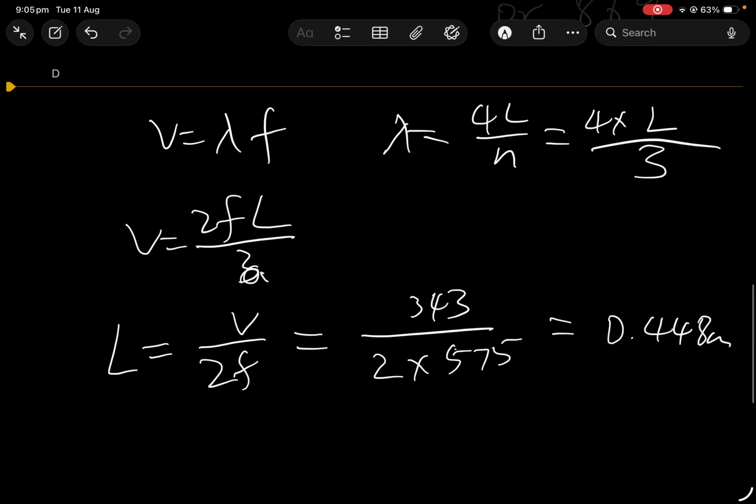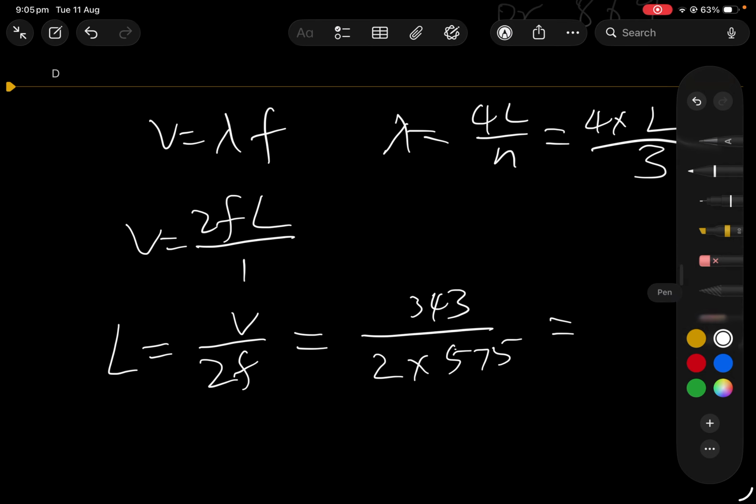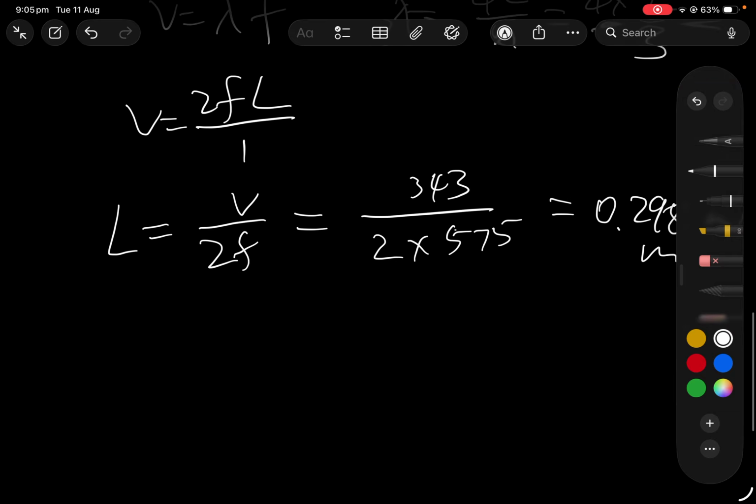So this should be at n equals 1, which means it's literally just 343 divided by 2 divided by 575, which is 0.298 meters.